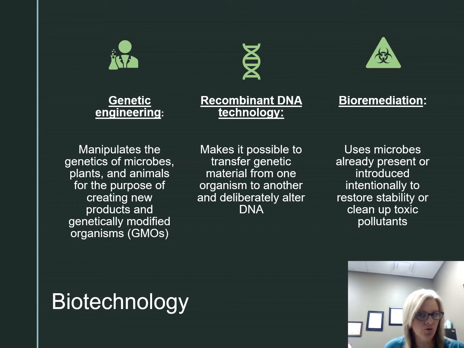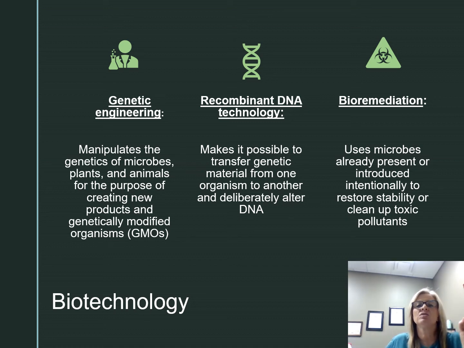If you look at original corn and corn that we have today, there are huge differences. So it's not just artificially placing genes into place, but also manipulating them, like I said earlier, with dog breeding.